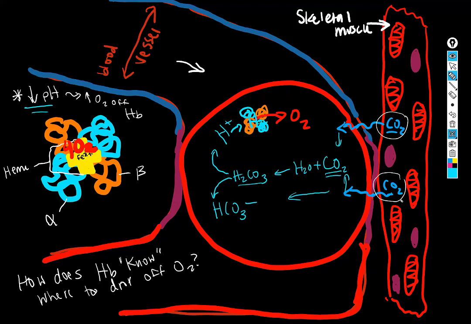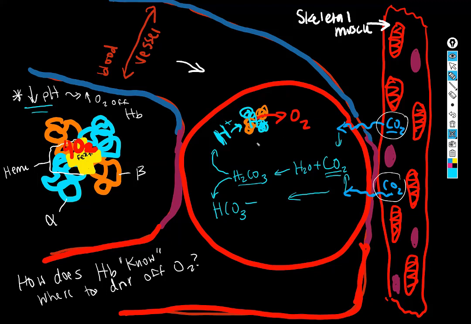So as CO2 enters a red blood cell, gets converted into carbonic acid and dissociates into its proton and the conjugate base, that means that the ambient pH inside of the red blood cell, as it passes the metabolically active tissue, goes down. The concentration of intracellular protons goes up.